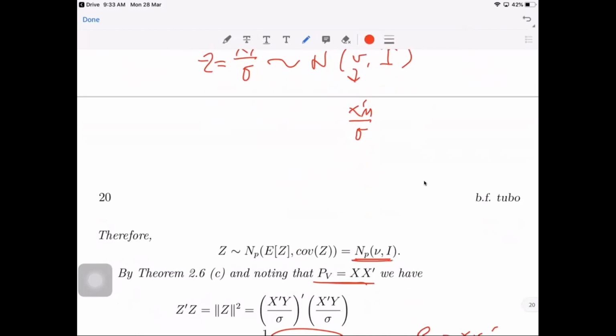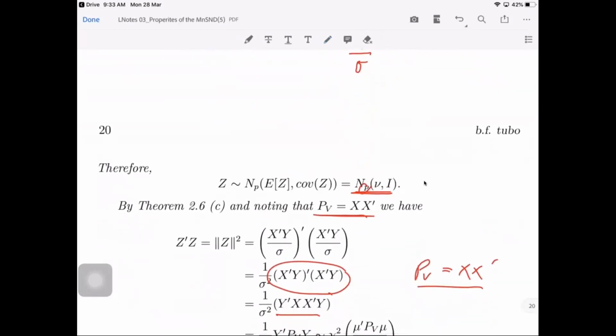And if you get the dimension of z, that will be a p by 1 vector. And again, you know that theorem 2.6c, and this is by theorem 2.6 also.